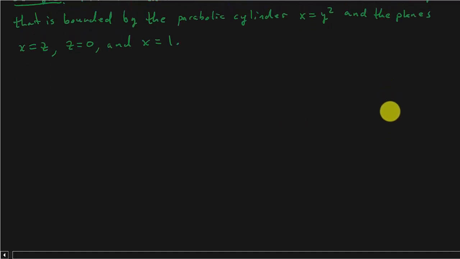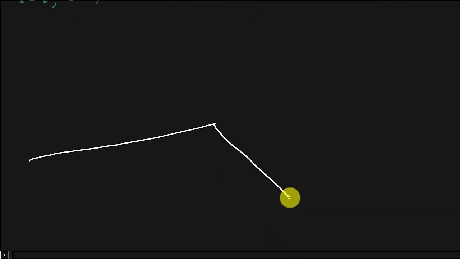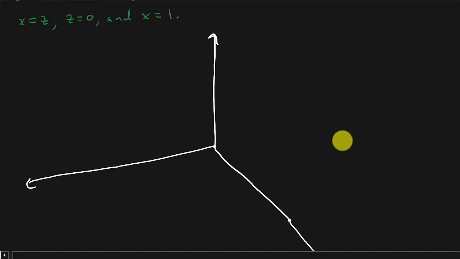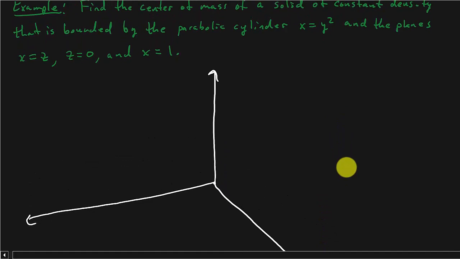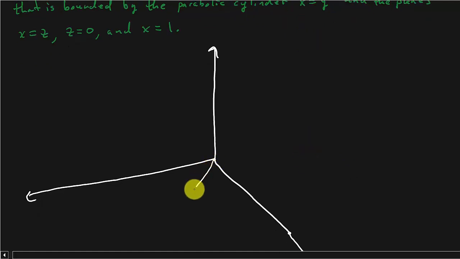All right, so let's see if we can draw a sketch of this. We've got our x-axis, we've got our y-axis, and then we've got the z-axis. We've got the parabolic cylinder x equals y squared, and that's going to look something like this.